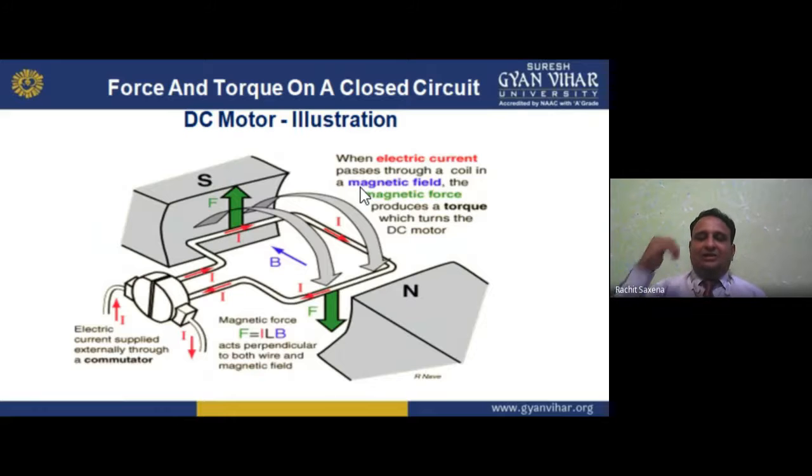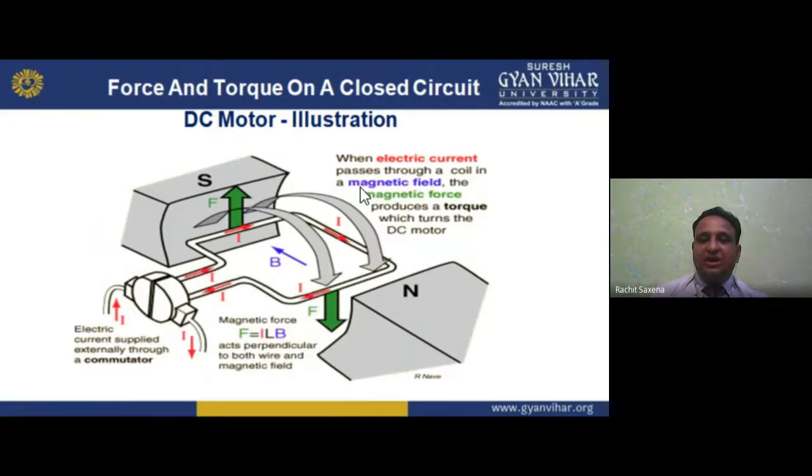So my next two units basically deal with this, that is the motor and generator, my dear students. If I'm talking about the motor and generator, one basic thing I want to tell you. First of all, in brief, I'm telling you how a motor works. We have two things.